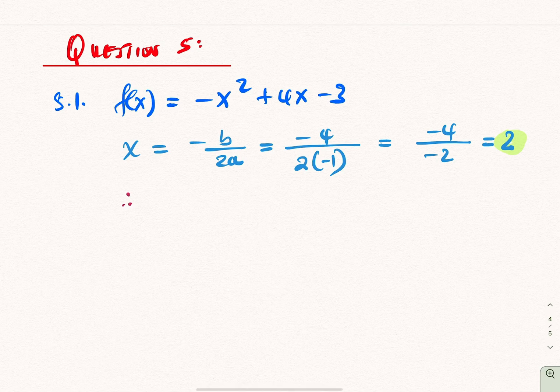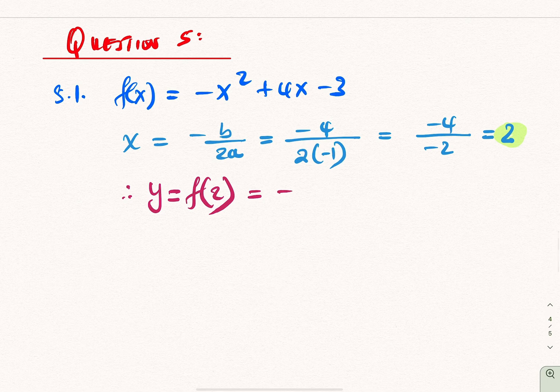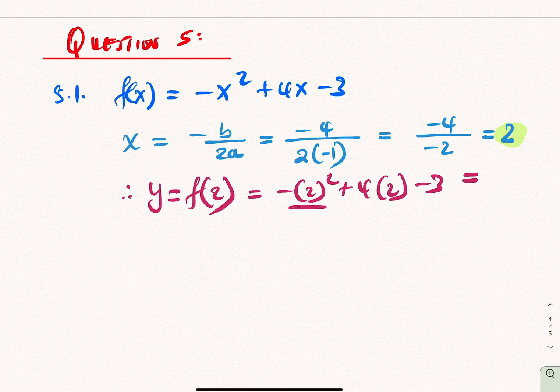You say to yourself, well, y of the turning point is going to be f(2). And that is going to be equal to negative of 2 squared plus 4 times 2 minus 3. You need to type it to get that value. So this is going to be negative 4 plus 8, which is positive 4, minus 3, so it's 1.